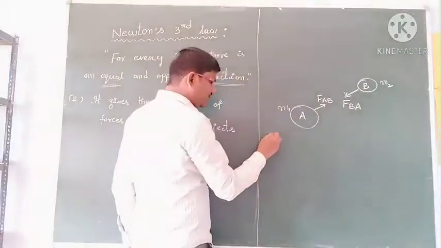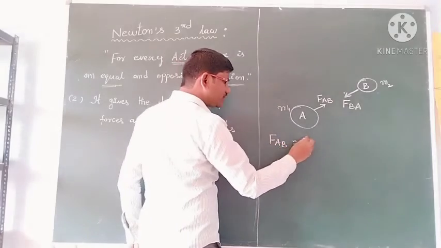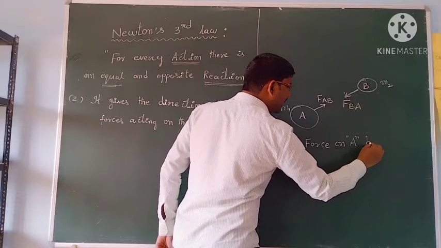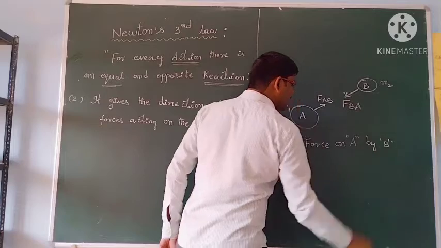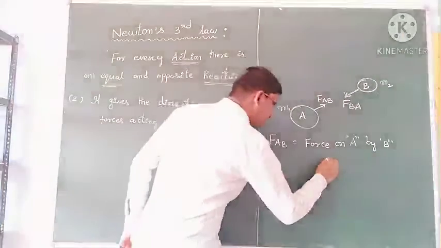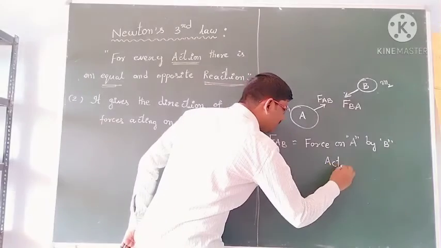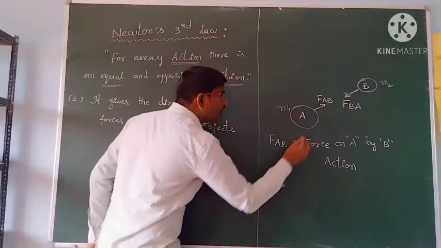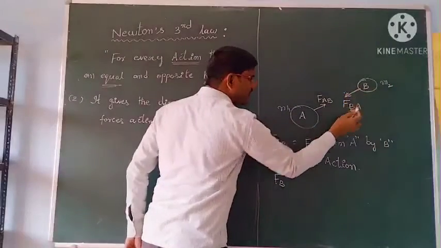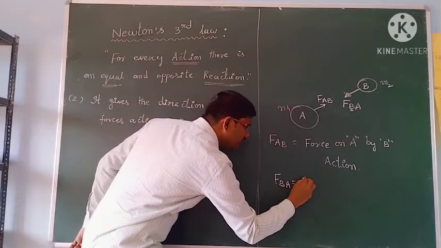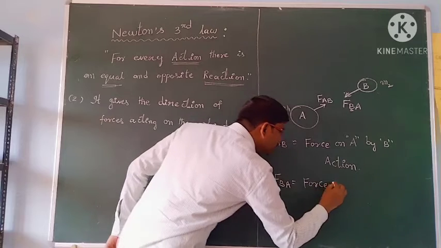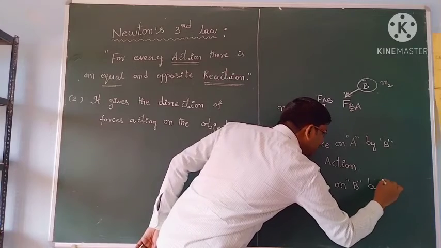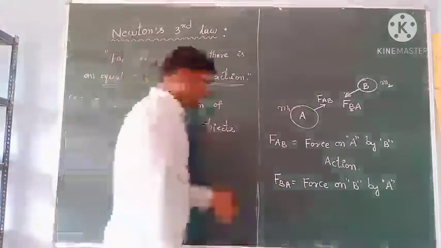See students, here FAB means force on A by B. If we consider this is called the action force, then FBA means force on B by A. Okay students, you can call it the reaction force.